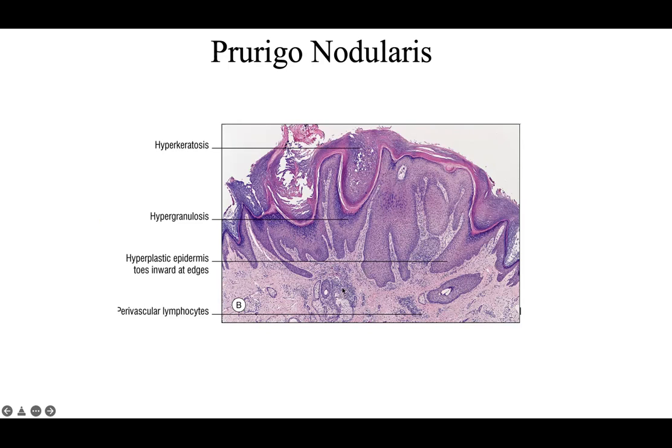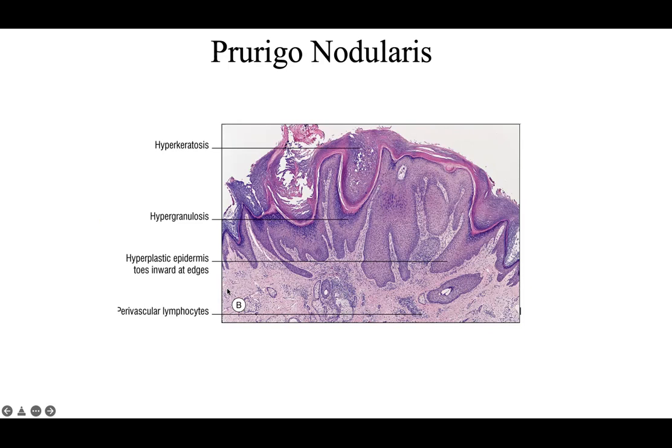Sometimes these islands are breaking off and you see maybe a scattered mitotic figure or two with a glassy island down here, and it's transected at the base. So at that point, it becomes more worrisome because you could truly see superimposed prurigo overlying a squamous cell carcinoma. And especially if it's on the dorsal hand or something to that effect, it becomes even more worrisome to see those types of changes deeper down.